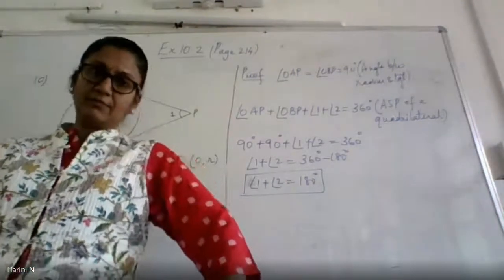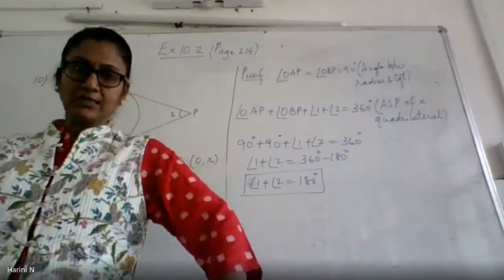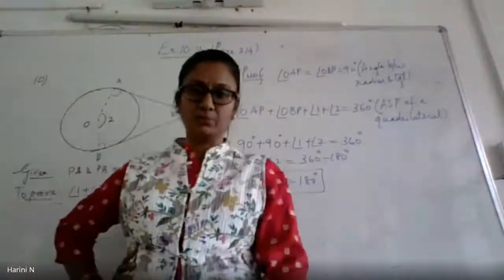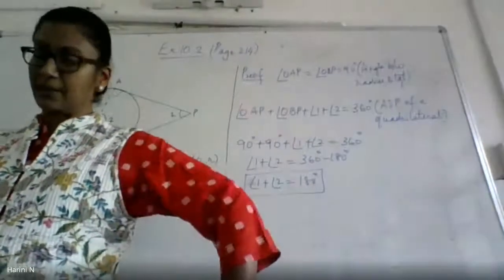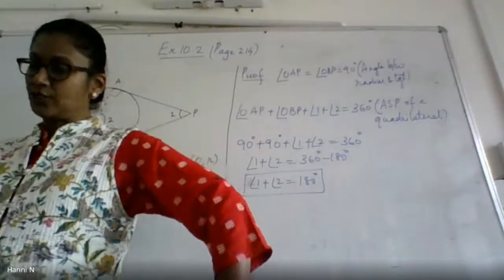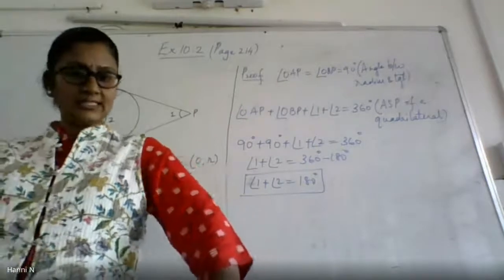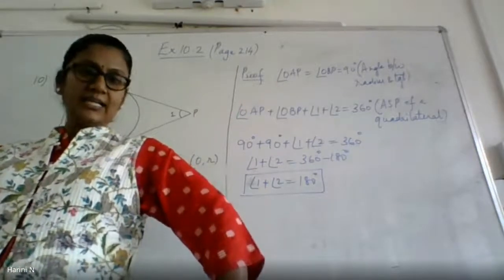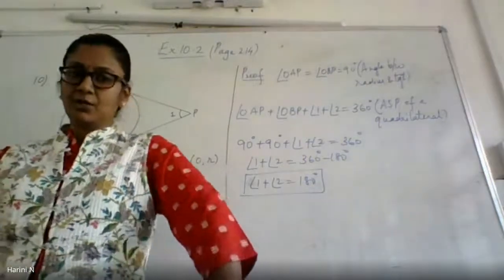So if I show one pair of adjacent sides as equal, it will become a rhombus. So if ABCD is the parallelogram circumscribing the circle with center O, then I have to show that AB is equal to BC, which is the adjacent side. If I show that, then I can say ABCD, instead of being a parallelogram, has now become a rhombus.